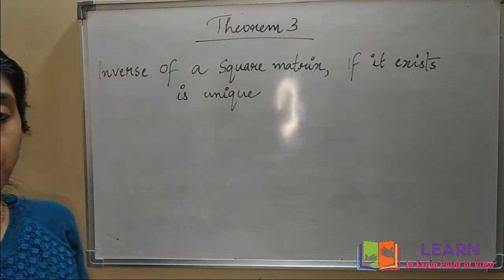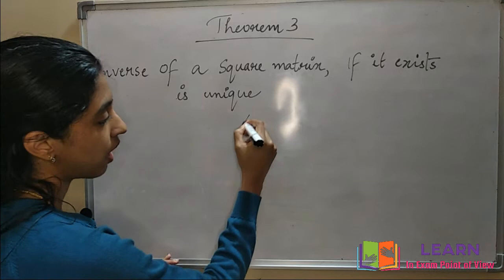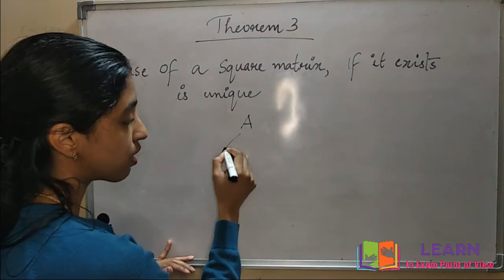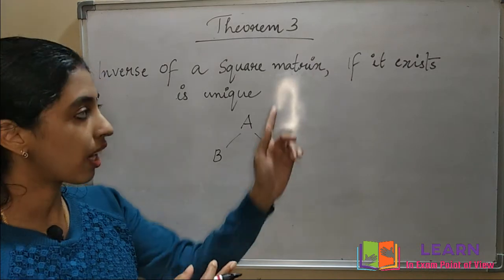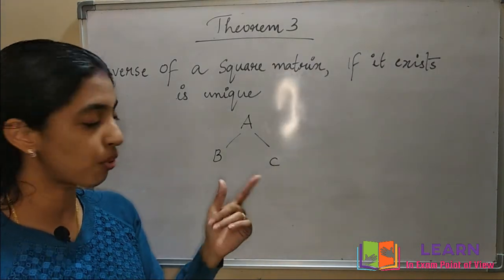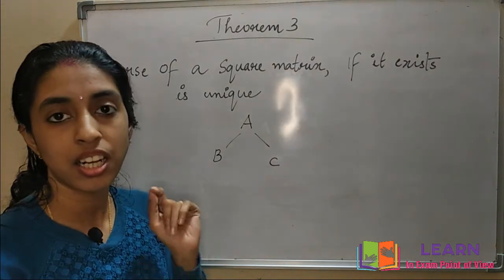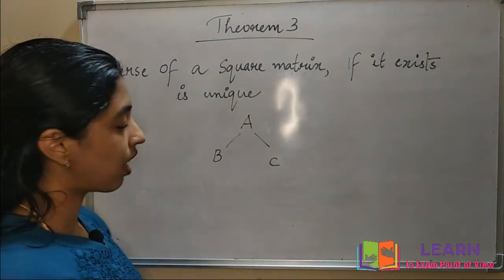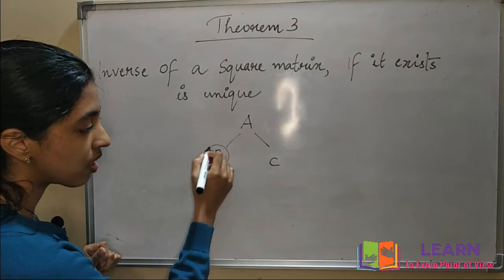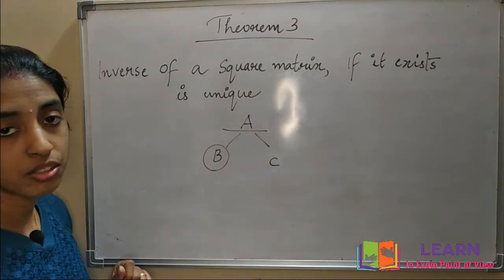How can we prove it? Let A be a square matrix, and assume that it has two inverses, B and C. According to Theorem 3, we need to prove that B and C are equal. Then only it becomes unique, correct? If B is the inverse of A, how can we write the relation?